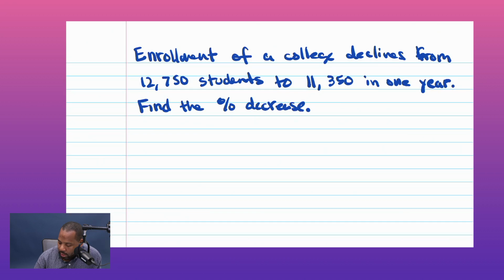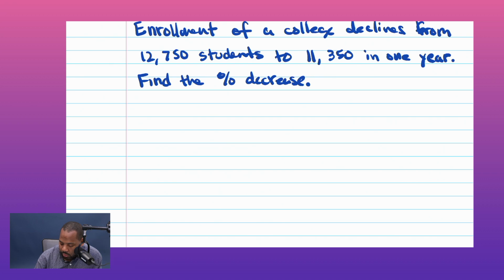Okay, so our decrease is going to be our difference in our values divided by the original amount. So my decrease, x, is equal to, let's figure out the difference between those two values. So we'll say 12,750 minus 11,350. That will give us our difference between the students in those two years.